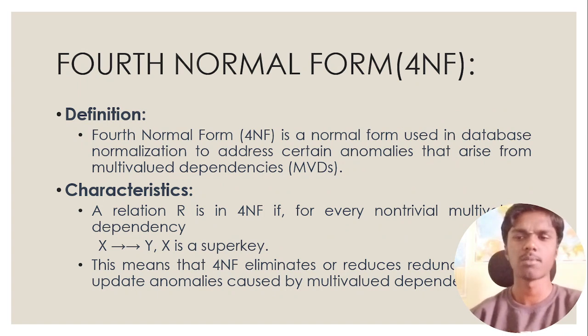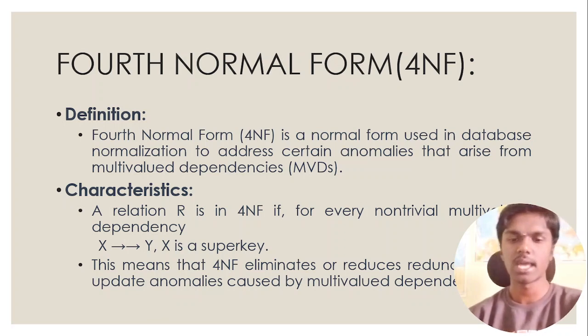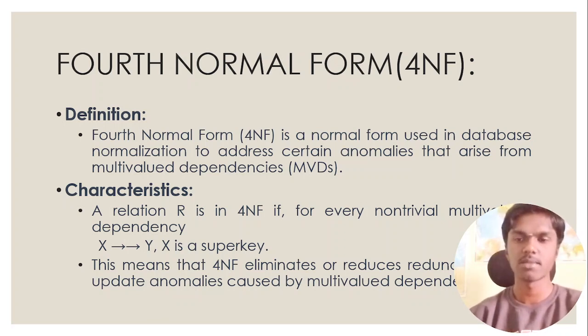So what is fourth normal form, or 4NF? Fourth normal form, or 4NF, is a normal form used in database normalization to address certain anomalies that arise from multivalued dependencies, that is MVDs. What are the characteristics, you might ask? The characteristic of fourth normal form is that a relation R is in 4NF if for every non-trivial multivalued dependency X to Y, X is a super key.